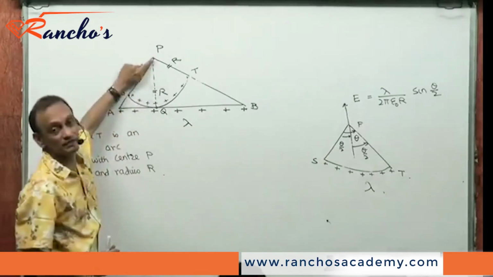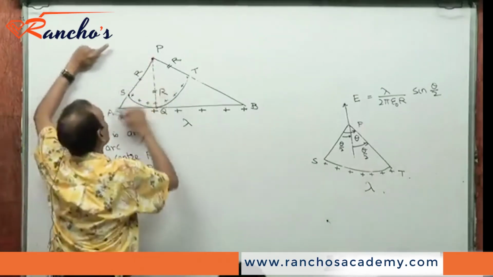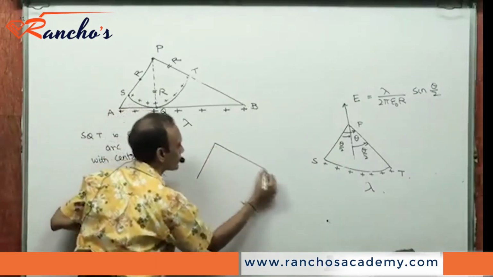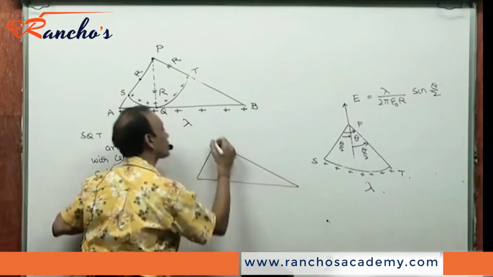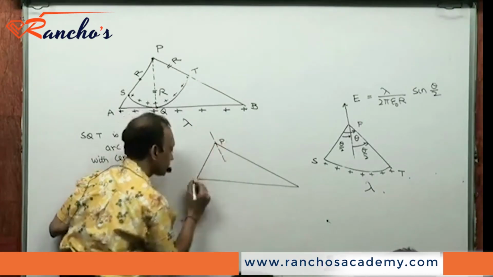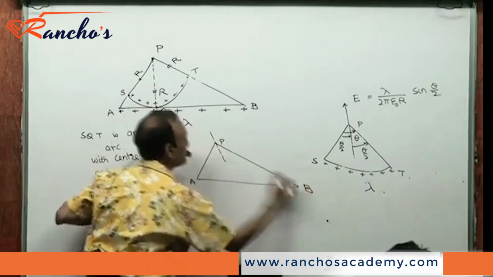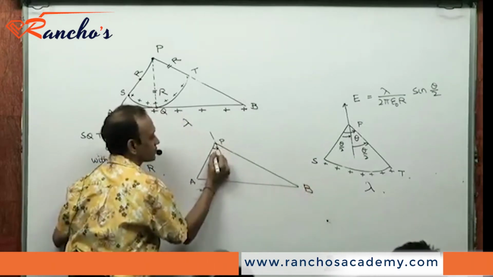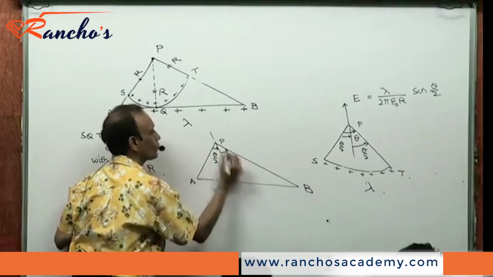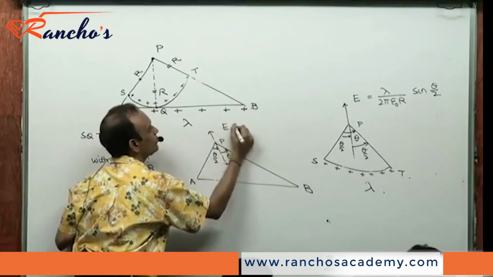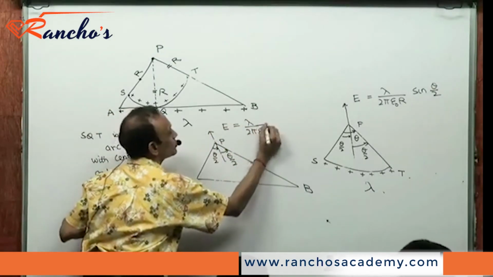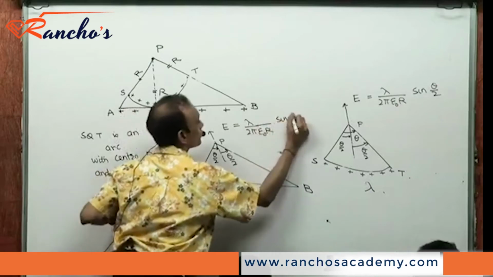The field at P will be along the angle bisector of APB and will be equal to lambda by 2 pi epsilon naught r into sine theta by 2.